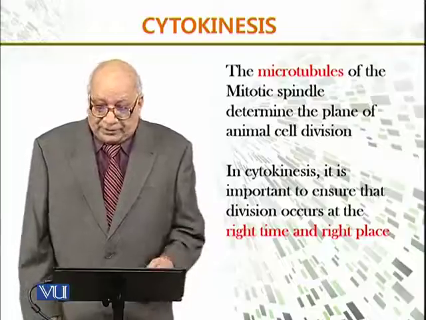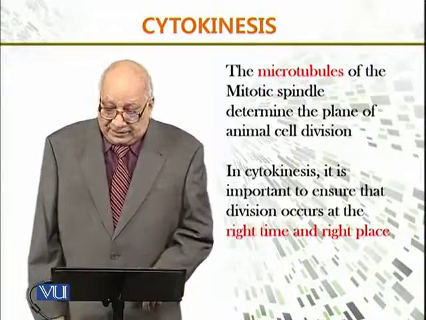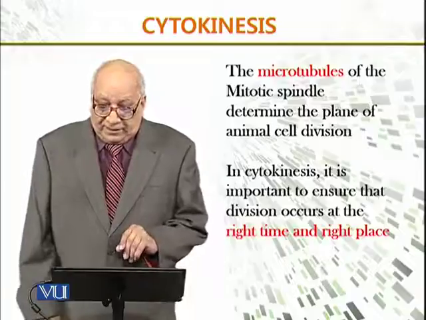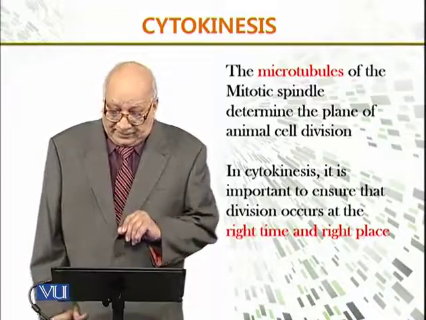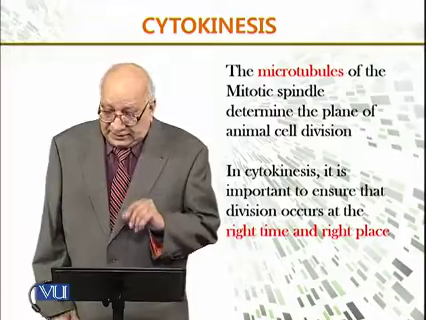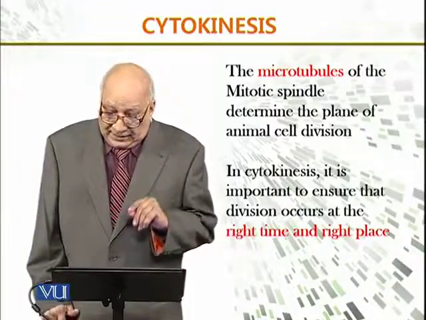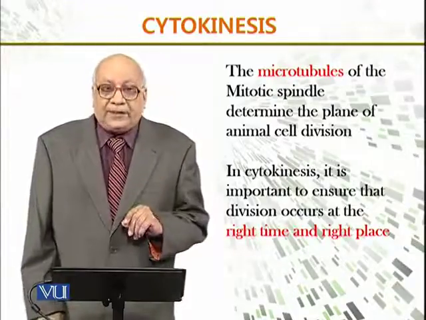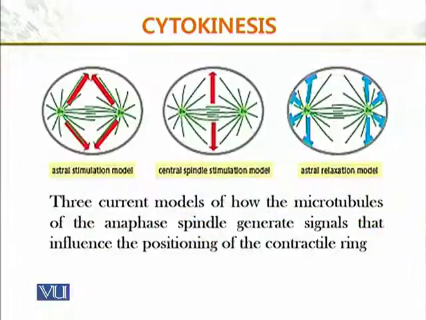The microtubules of the mitotic spindle determine the plane of animal cell division. In cytokinesis, it is important to ensure that division occurs at the right time and at the right place, just as shown in these three current models of how the microtubules of the anaphase spindle generate signals that influence the positioning of the contractile ring.